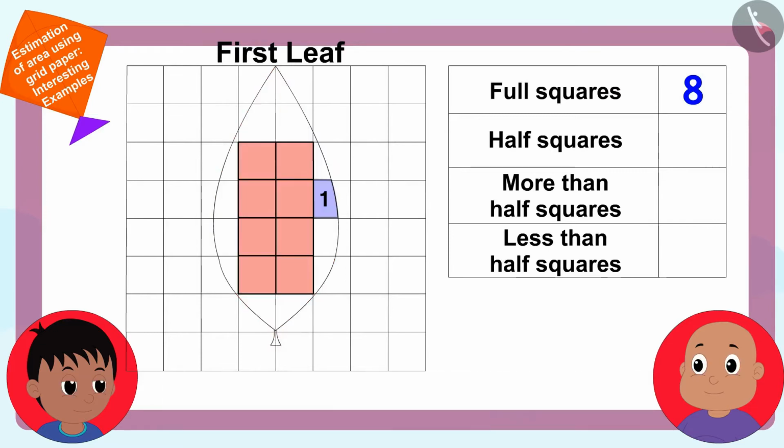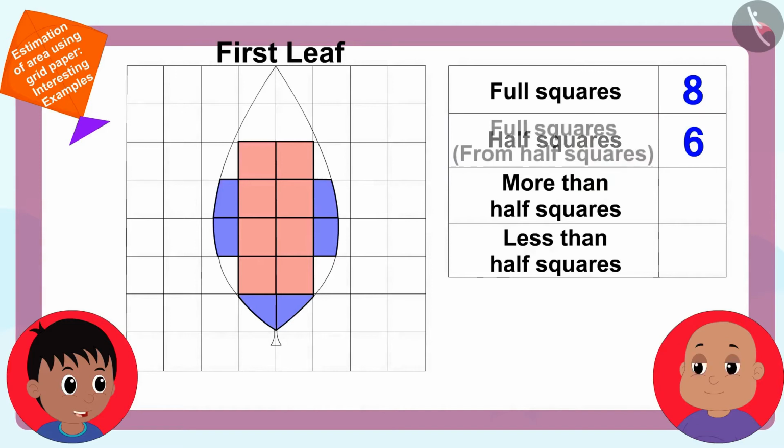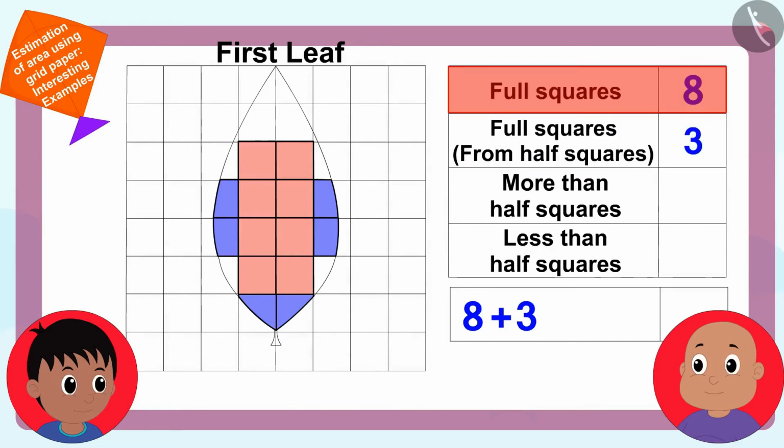Raju asked. Bablu looked closely and said, 6 squares. 6 half squares. We can even write them equal to 3 full squares. Raju added 3 to the number of full squares previously written.